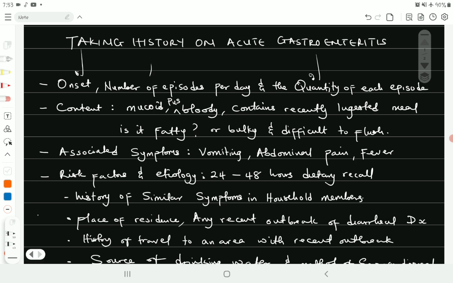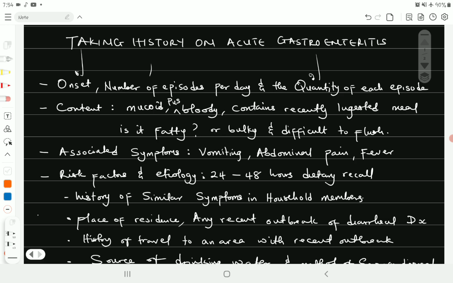So you can ask, what quantity of this would you say you passed per time? Another thing you can use is the methylated spirit, it comes in 100 mils. So you can ask the patient, using this methylated spirit container, how many mils did you pass each time?